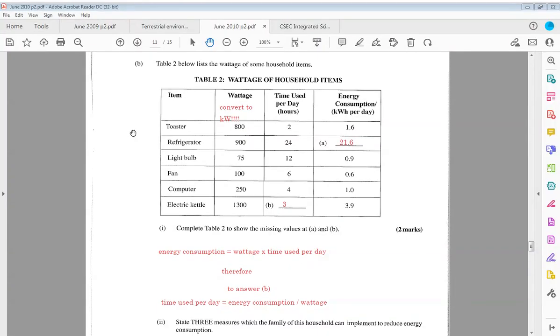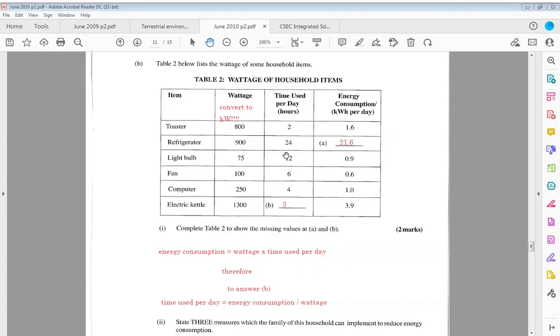Then we have B. So table 2 below lists the wattage of some household items. So we have the items, the wattage, the time used per day in hours, and the energy consumption in kilowatt hours per day. Remember, please, to convert watts to kilowatts. This is already in hours, so we do not have to convert this, right?